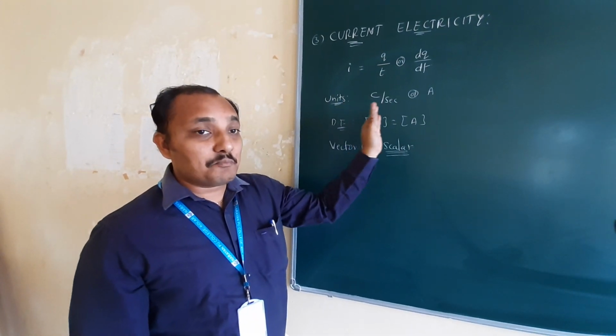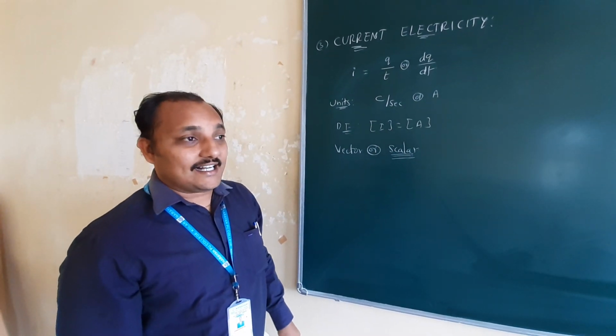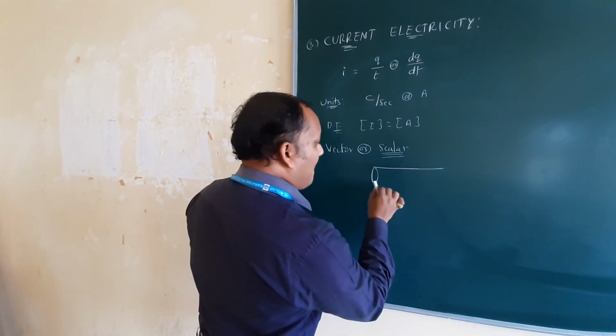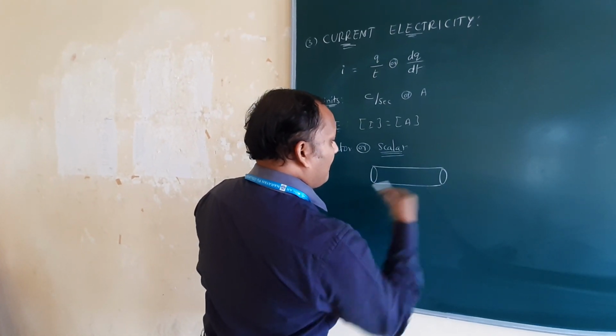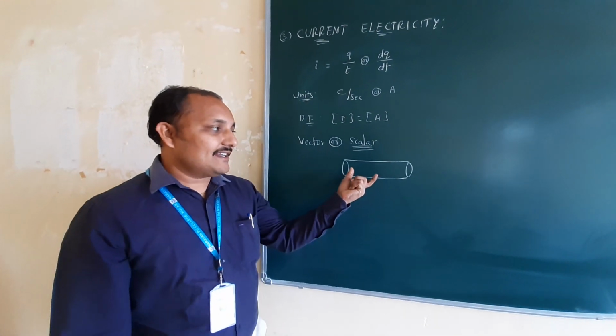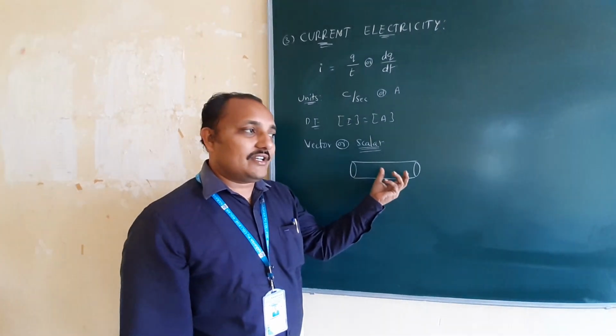If charges are moving or flowing, that we call current. Now if you have taken one conductor, generally in this conductor, are charges moving or not? Charges means either positive or negative charges.